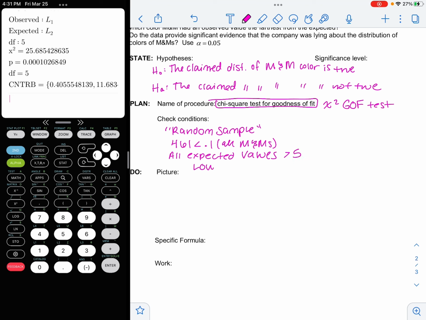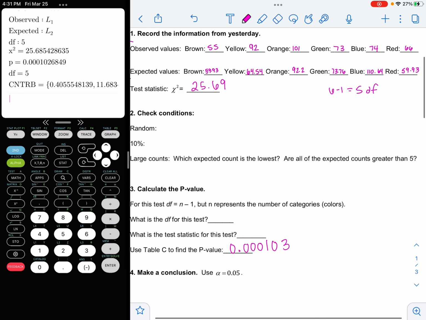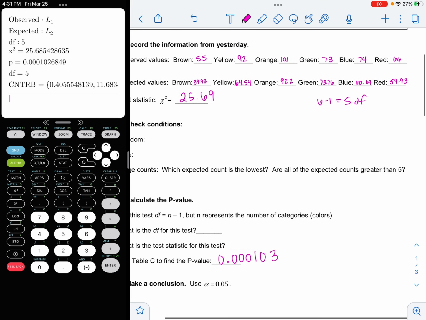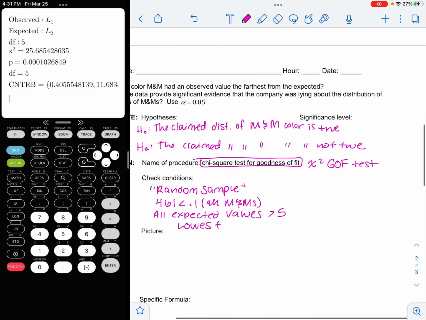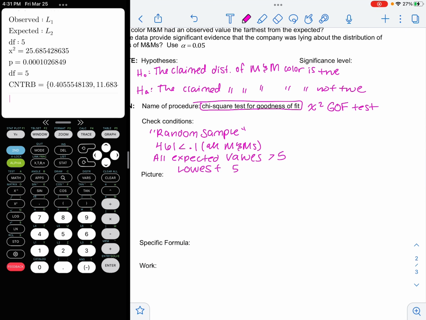And in order to prove this, we must show the lowest at least. You could show all of them, but it will suffice to just show the lowest. So 59.93 is greater than 5.